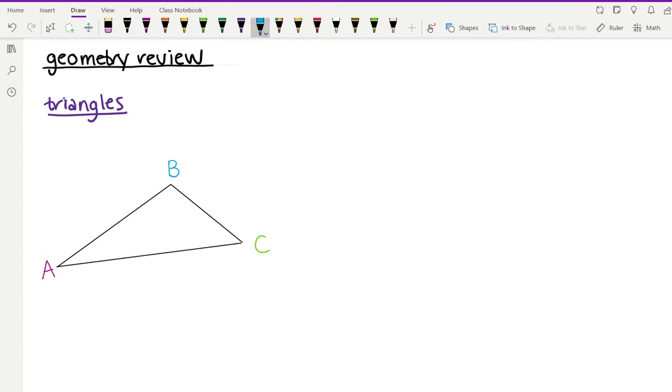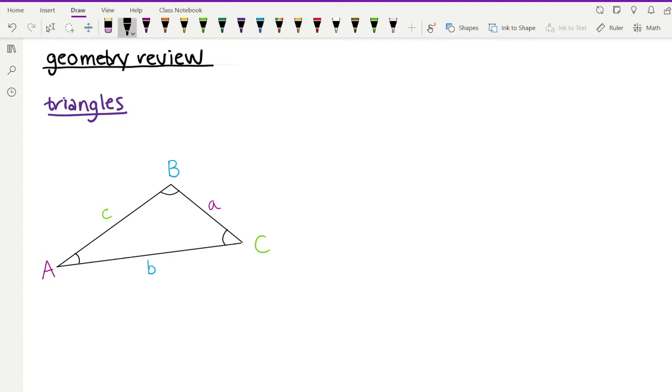So for example, I'm going to label this side with lowercase b because it's across from angle B. I'm going to label the side across from angle A with lowercase a, and the side across from C with lowercase c. That's a convention that you'll see us use in this class for labeling. Another thing we sometimes do is add these marks here to emphasize the angles of the triangle, and we'll see some different things we can do with that notation as well.